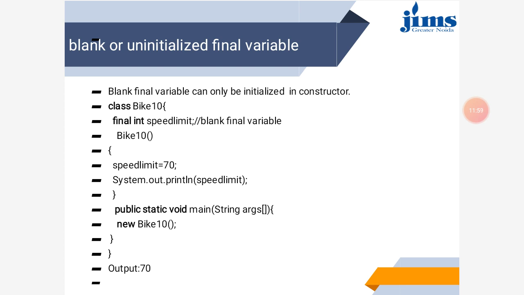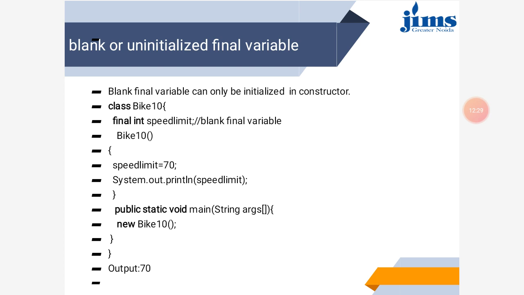In Bike10, see, it's not a simple method, it's a constructor. In the constructor, we write the instance variable name equal to some value, and in a method we print it. Once we create the object and call the constructor, we get a successful output, that is 70.